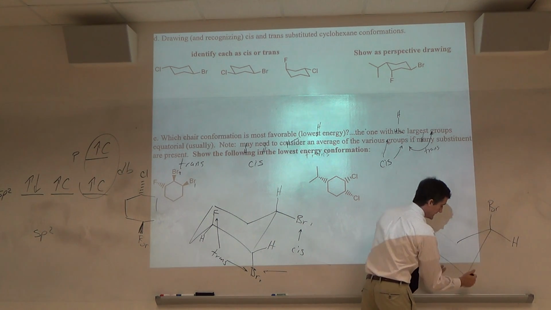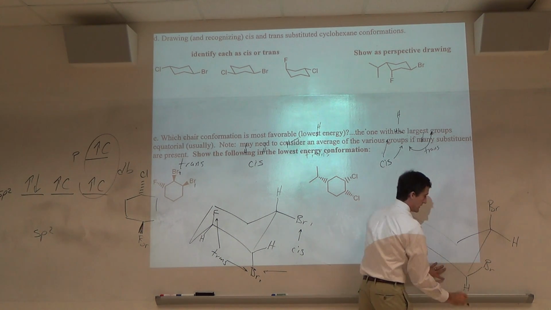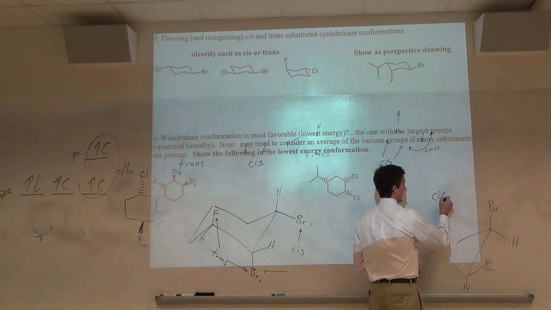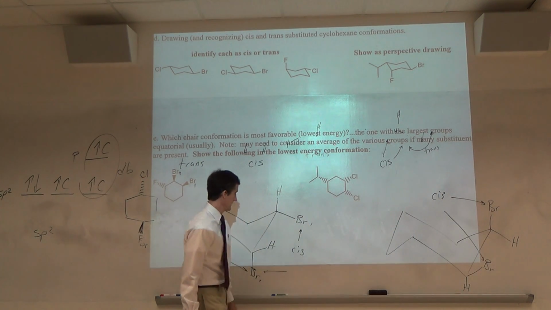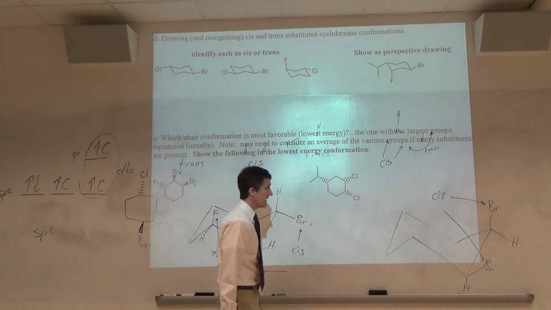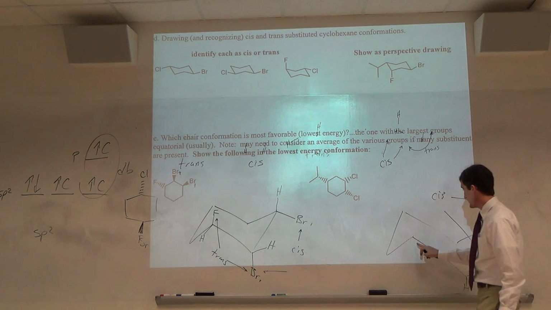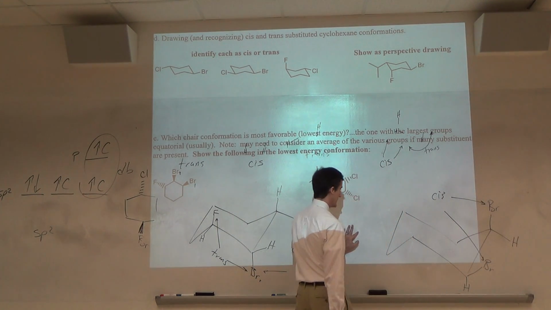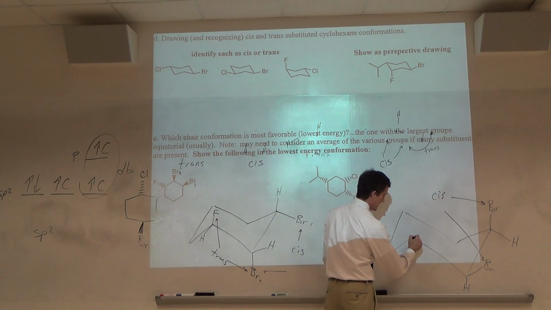Well, there's cis, and cis here is going to be, do I agree that those are cis? See, there's cis here. Okay? Now, if this BR is up compared to the H, how's the fluorine going to be? They're trans, so it's going to be down.